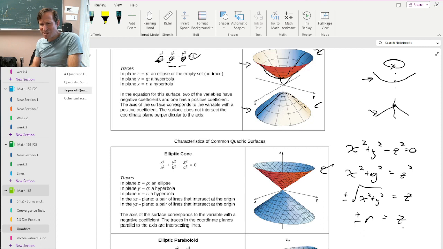So this looks like the height is the same as distance from the origin. And yeah, that's what's happening here, right? The height above the xy plane is the same as the distance from the z-axis. So that's why we're getting a cone. And of course the origin is included because the height there is 0 and the distance from the z-axis there is also 0. So that's why we get a cone in this case.